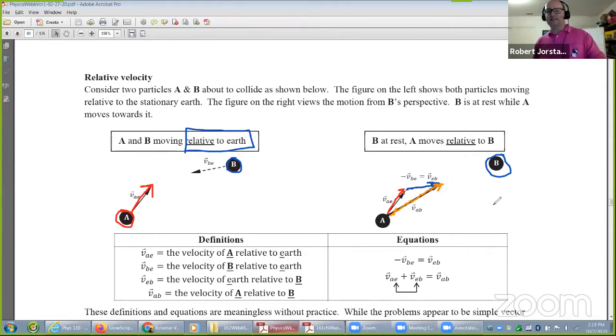At first glance, this may seem totally worthless to you, but I'll mention a couple of applications. Obviously, if an inbound ICBM is headed towards your Vandenberg Air Force Base, which is right nearby, it would be nice to know the velocity relative to your missile so you know where to aim the missile to shoot down the other missile.